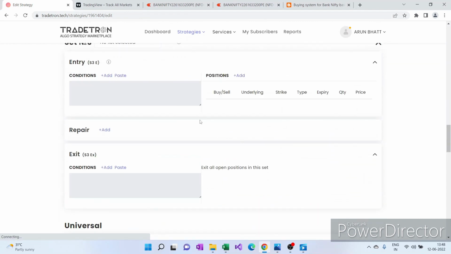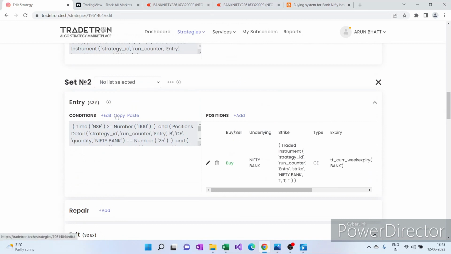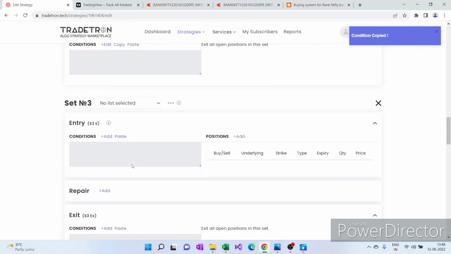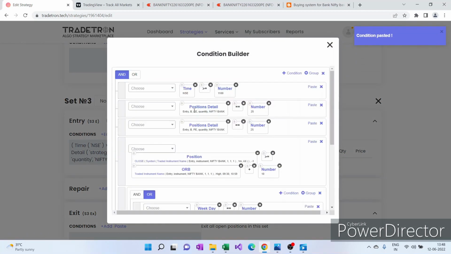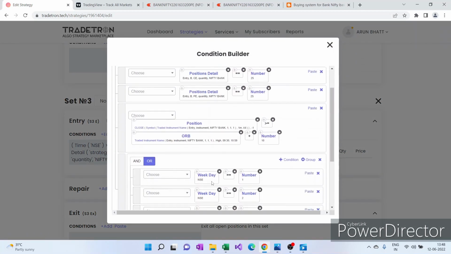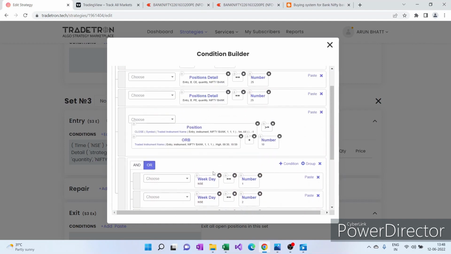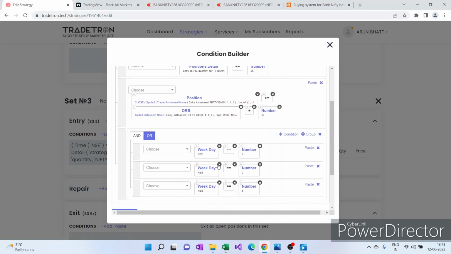Now set 3 will be used for the P. The entry condition will be the same, only the range breakout will be checking for the P instrument. So we'll be copying from here and then paste. And one thing I forgot to tell you is this day logic, you can put it in the first set also, because that way the first set also will not take any position on Monday, Wednesday and Thursday.